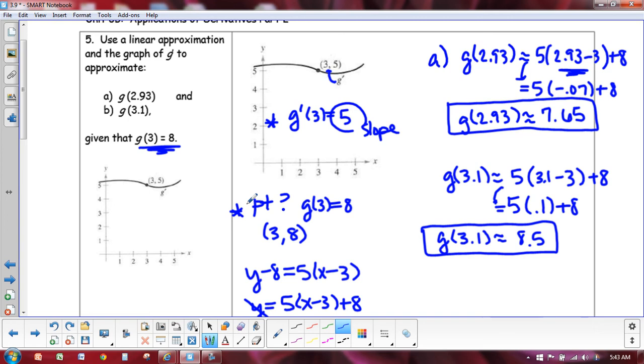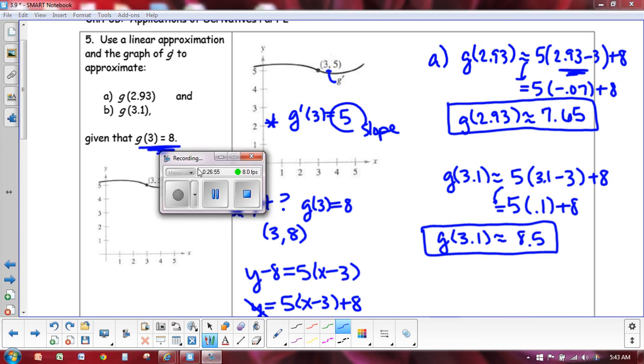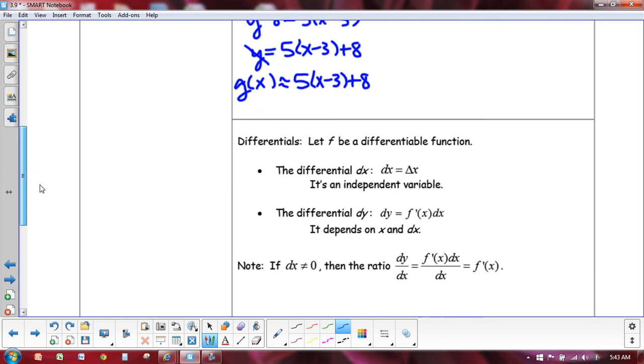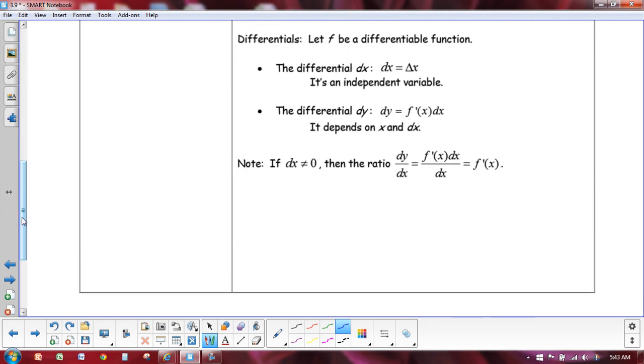Then your second essential question asked you about finding dy, and that ties into what we call differentials. The only part you need about differentials deals with these definitions, and specifically the definition you care about and need to find is this differential dy. You need to know that dy is the same thing as f prime of x times dx.